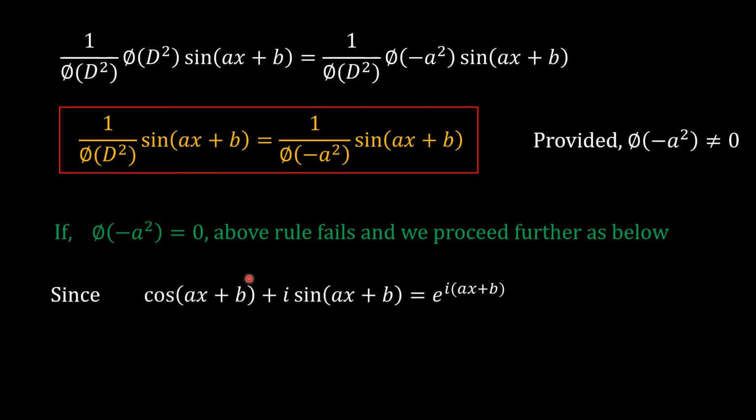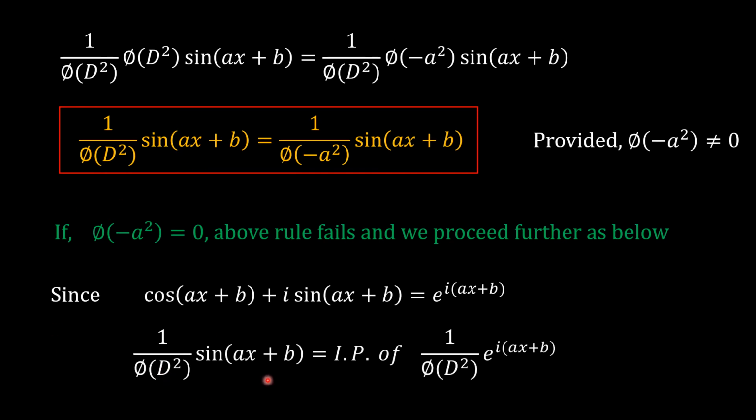From Euler's formula, we can write cos of ax plus b plus i times sin of ax plus b is equal to e raised to i of ax plus b. Now consider the left hand side again. So 1 upon phi of D square of sine of ax plus b is equal to the imaginary part of 1 upon phi of D square of e raised to i into ax plus b.